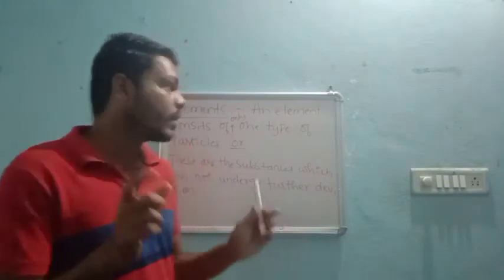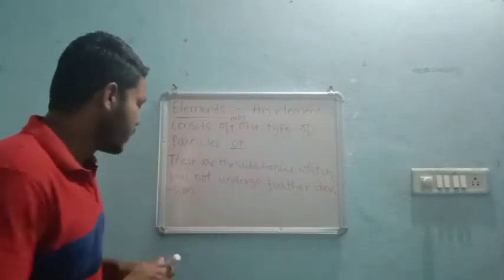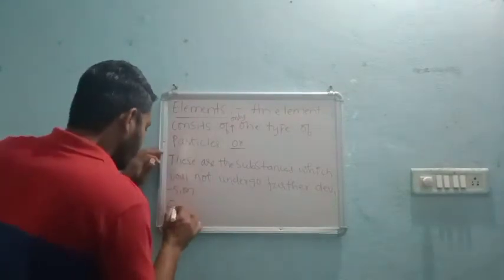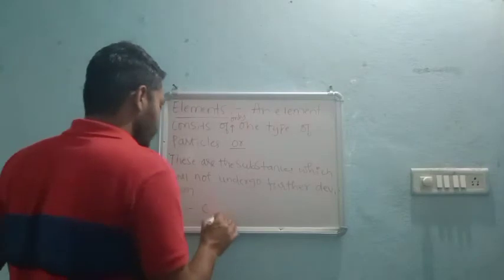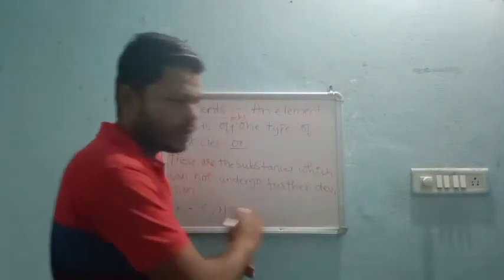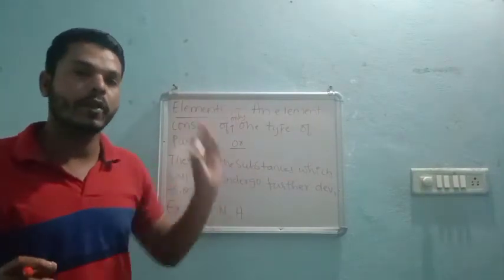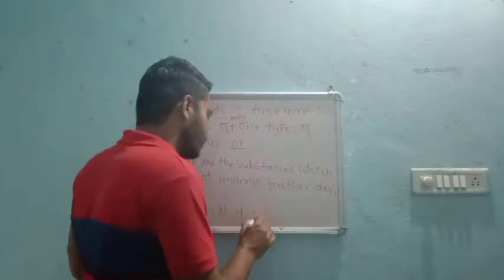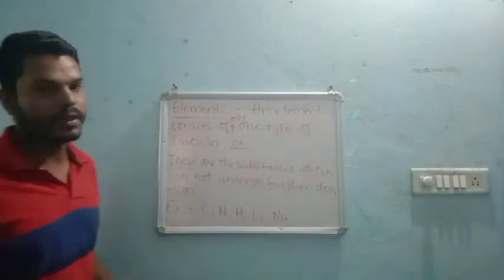The first definition is that an element consists of only one type of particle. For example, carbon, hydrogen, nitrogen. These are all single elements present in the periodic table, like lithium, sodium, right? These are some examples.